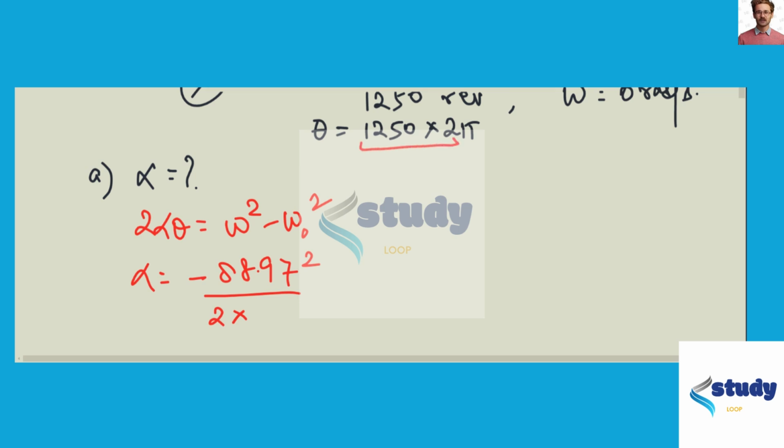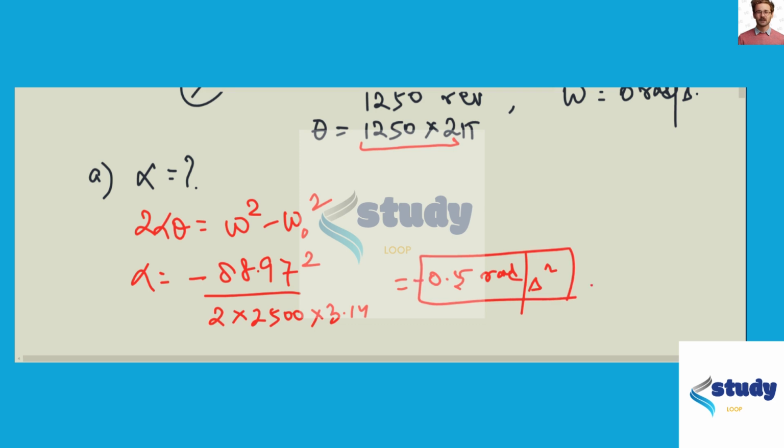So theta we can simplify, that will be 2500 into pi. That's 3.14. So simplifying this, we're going to get here the angular acceleration as 0.5 radians per second square approximately.